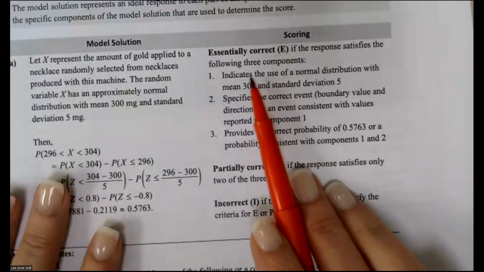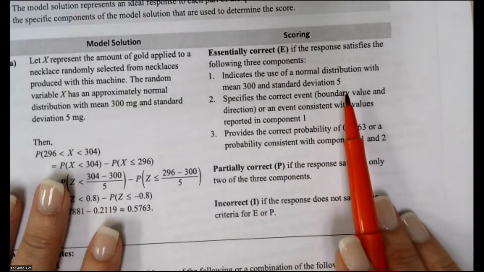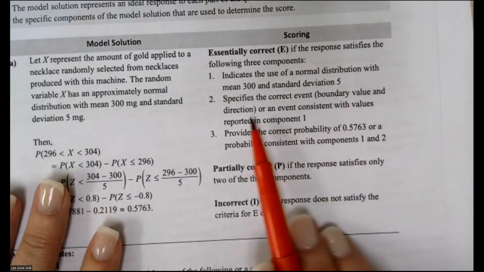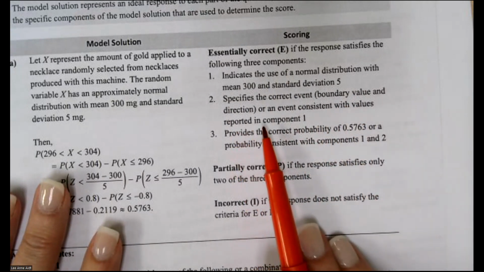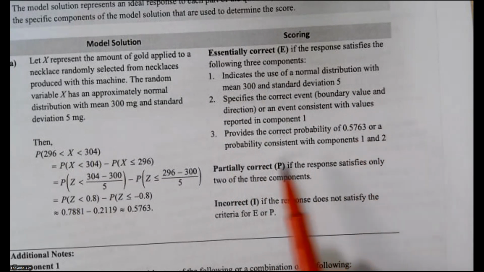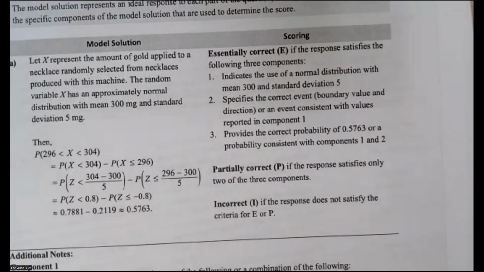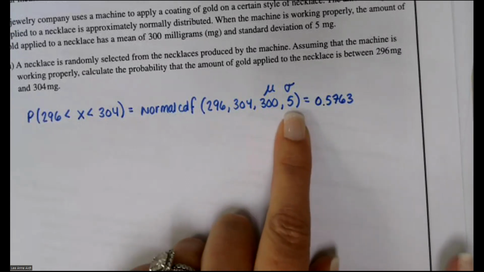Part A, 3 components: use of a normal distribution with mean 300 and standard deviation 5. Provides the correct event, boundary value, and direction. Provides the correct probability as 0.5763. This is very important here that you have mean and standard deviation labeled.